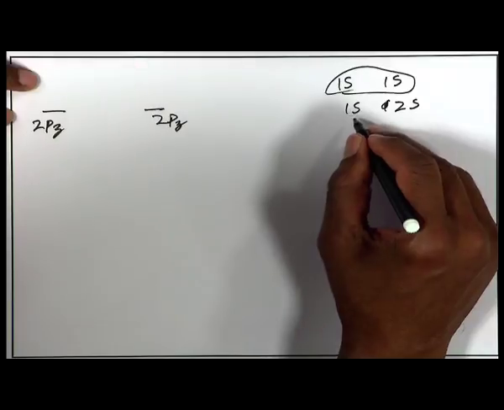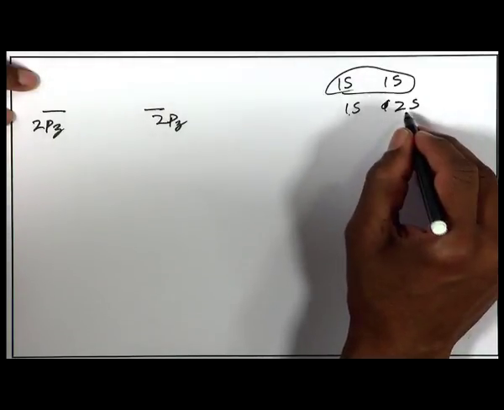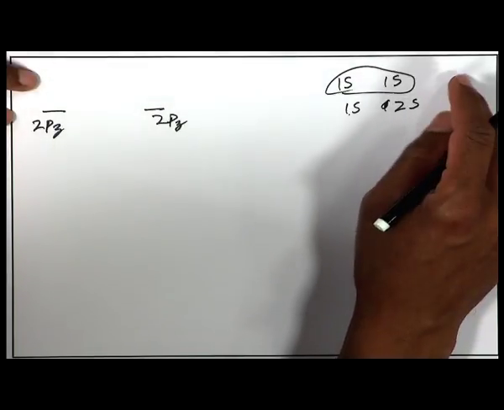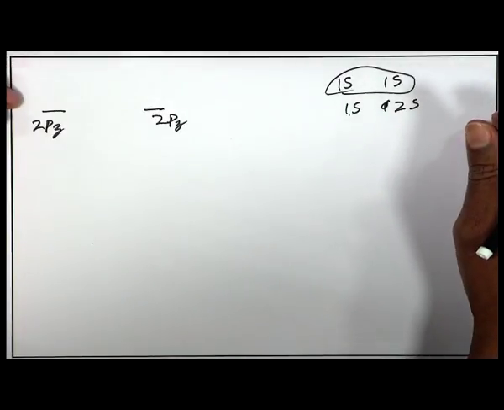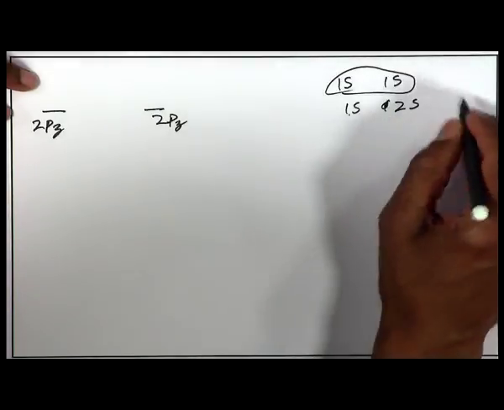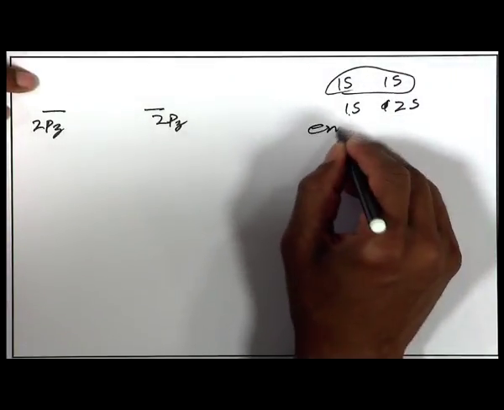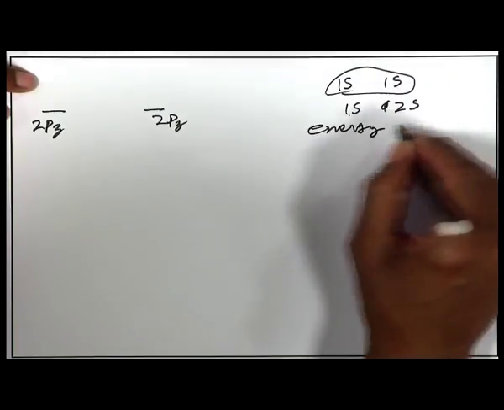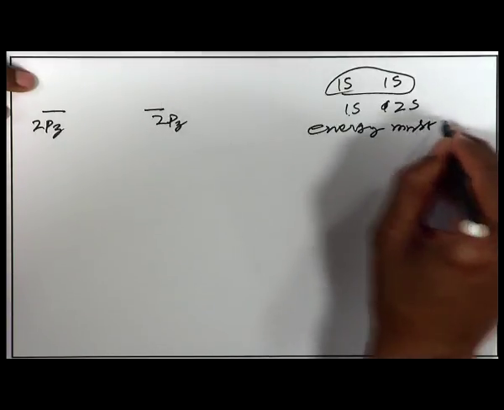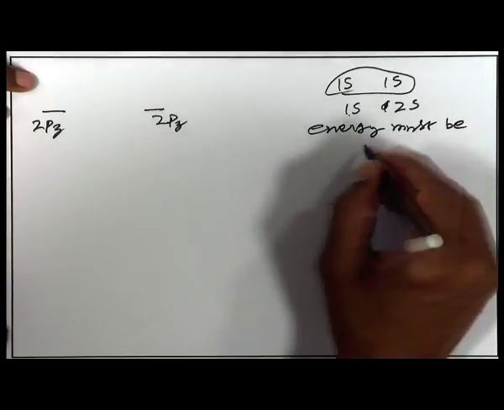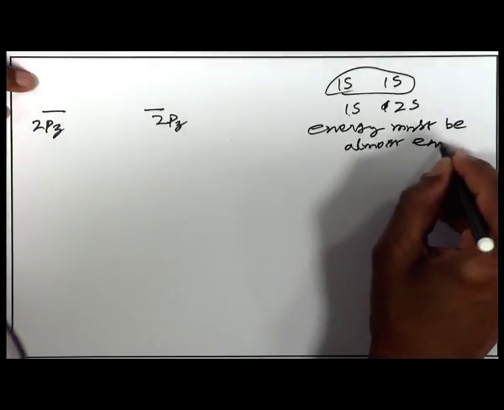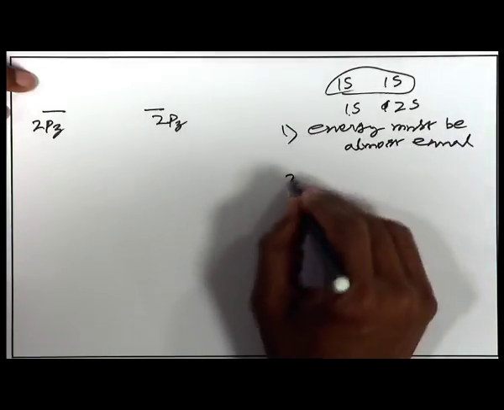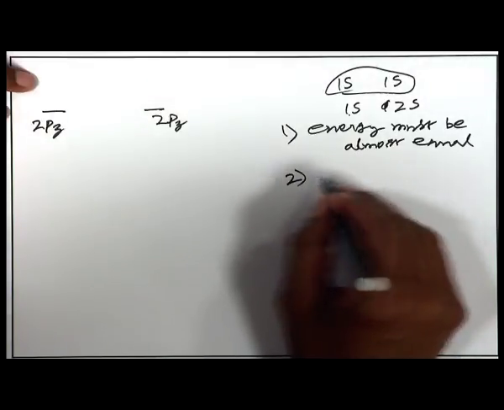But you cannot combine a 1s orbital with a 2s orbital, because the 2s orbital is higher in energy. When they differ so much, they cannot combine to give a molecular orbital. So, energy must be almost equal. Another one is that symmetry should be the same.